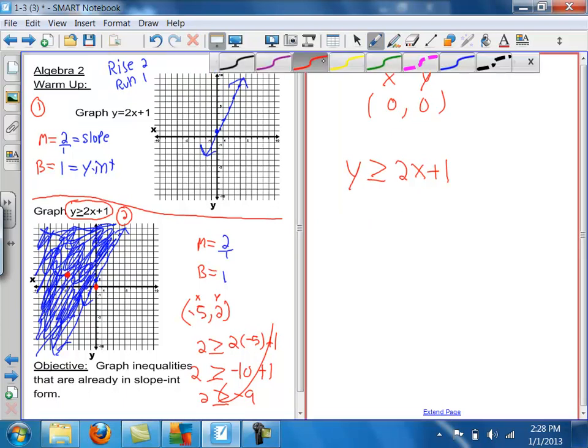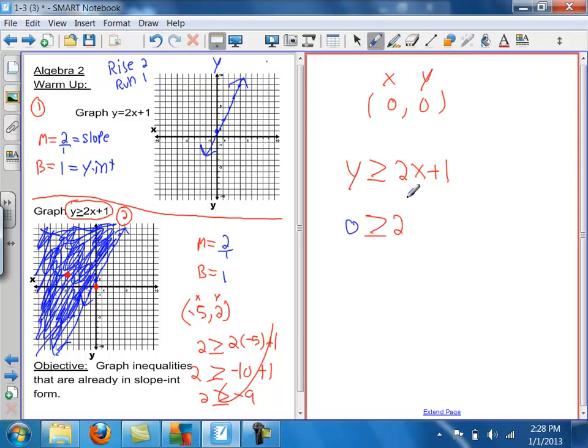So let's put them in. We put in our x is 0. Oh, sorry, when I said x here, that was y, okay. Now we're putting in our x, which is 0. So there's our x and our y.